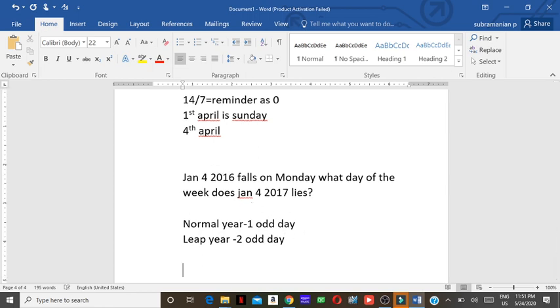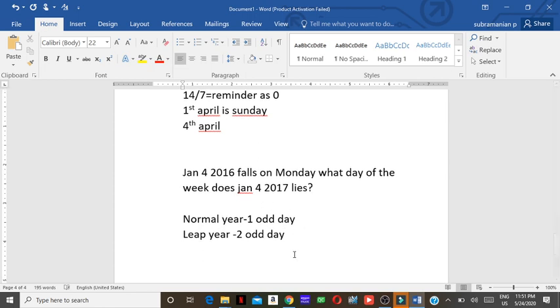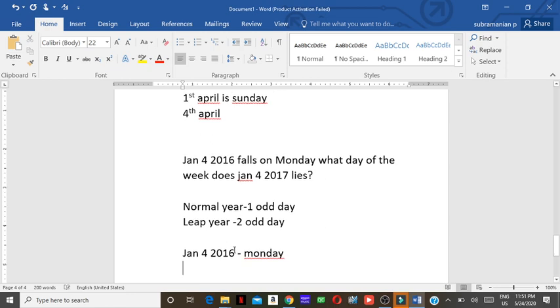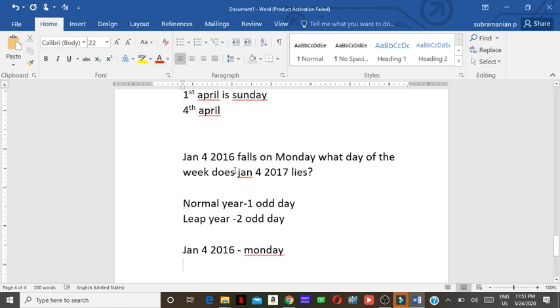So the question: Jan 4, 2016 is Monday. We have to add plus 2 days because 2016 is a leap year. So Monday plus 2 days: Tuesday, Wednesday. So Jan 4, 2017 is Wednesday.